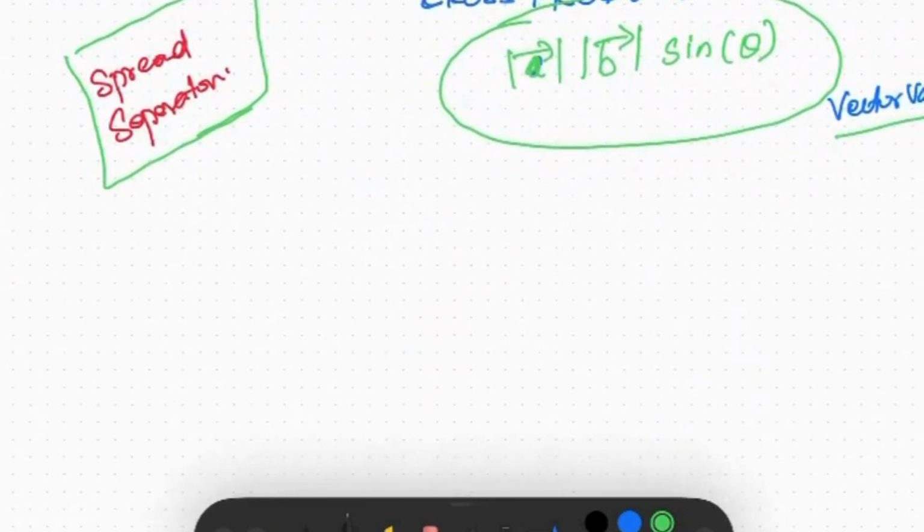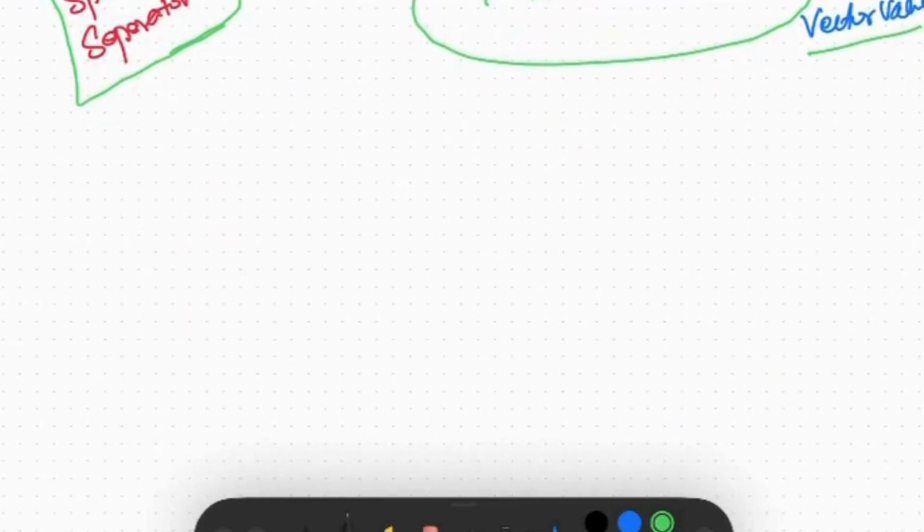Now let's understand through a diagram. I have two vectors. See guys, here I am not interested in finding the similarities, nor am I keen on the projections, but I am interested in calculating the area lying between these two vectors.